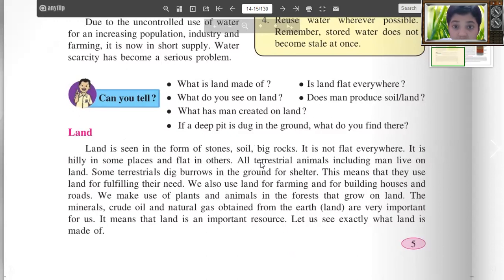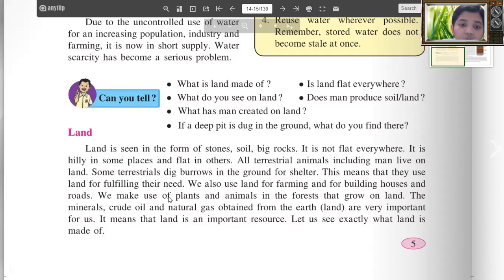The terrestrial animals, including man, live on land. Some terrestrial animals dig burrows in the ground for shelter. This means that they use land for fulfilling their needs. We also use land for farming and for building houses and roads.